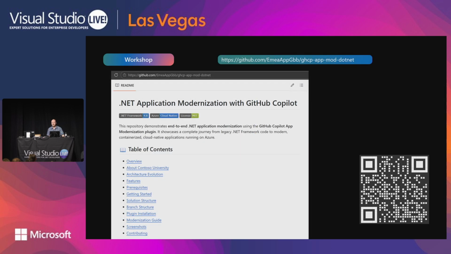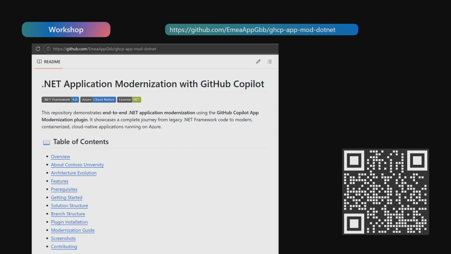Another important thing here, so our friends in the global black belt community have built this whole workshop on .NET app modernization with GitHub Copilot. I tried to do the, hey, how much stuff can we do in 75 minutes? Some of it works, some doesn't. This is more professional quality, walking through.